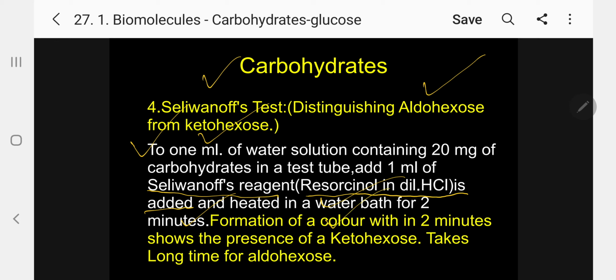Formation of color within 2 minutes shows the presence of ketoses. But aldoses take a long time. Very easily we can differentiate aldoses from ketoses. Please follow. The test is Selivanoff test.